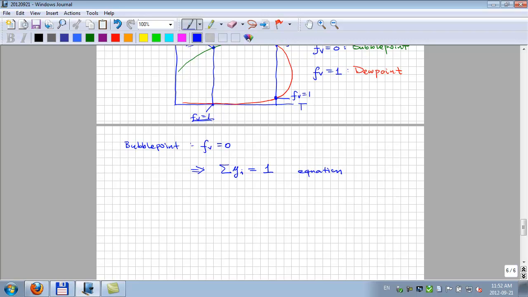So if you want to call it H function that you want to solve for 0, H bubble point would be 1 minus sum of YI, and that should be equal to 0. But YI is, what is YI? Well, YI is KI times XI, right?